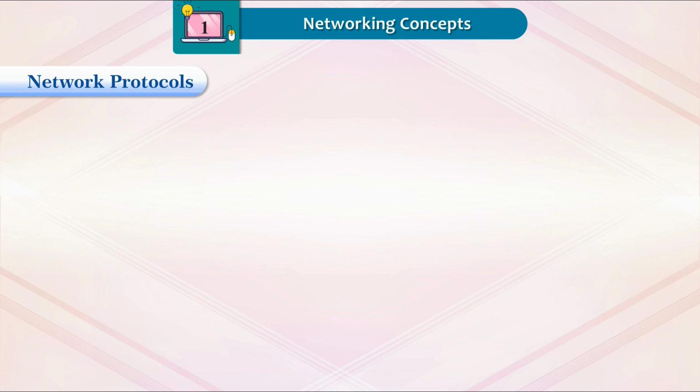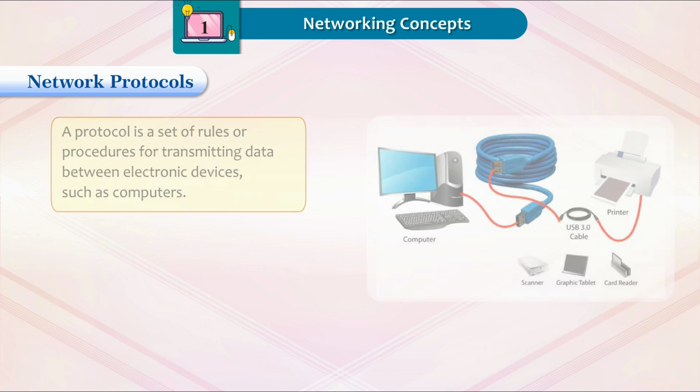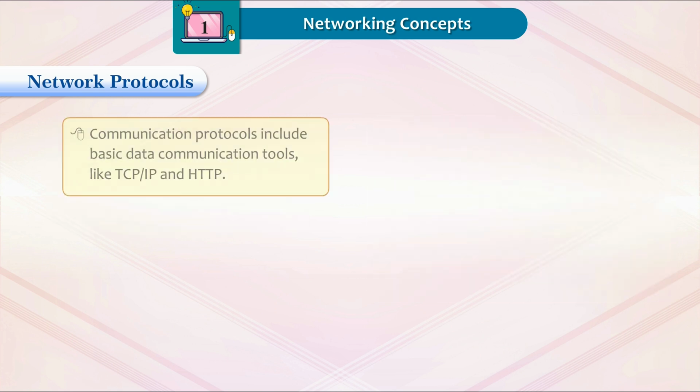Network protocols. A protocol is a set of rules or procedures for transmitting data between electronic devices such as computers. There are three main types of network protocols. These include network management protocols, network communication protocols, and network security protocols.